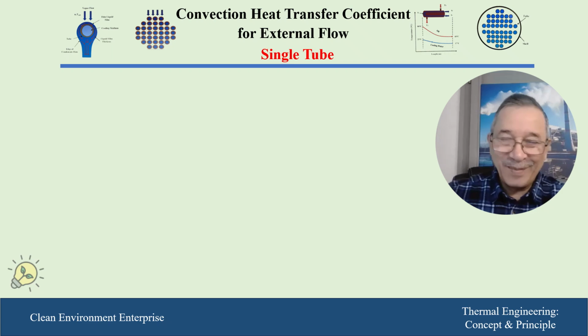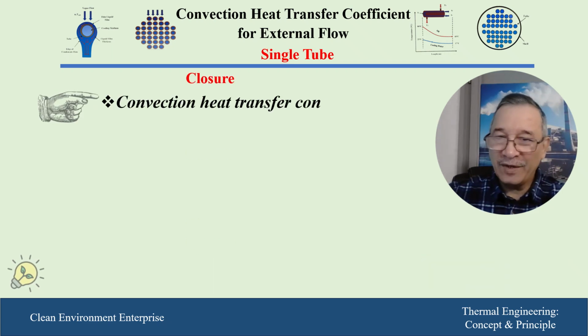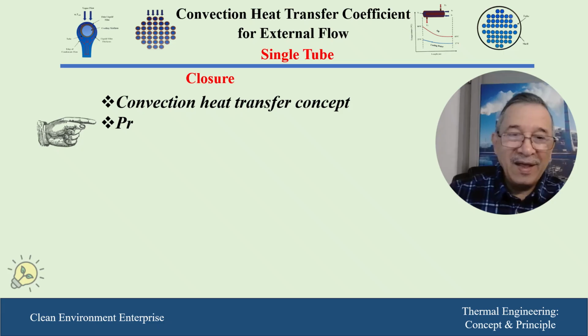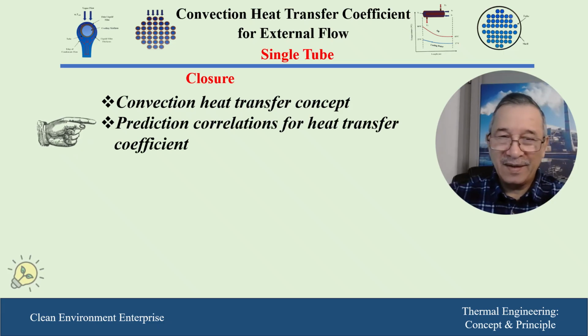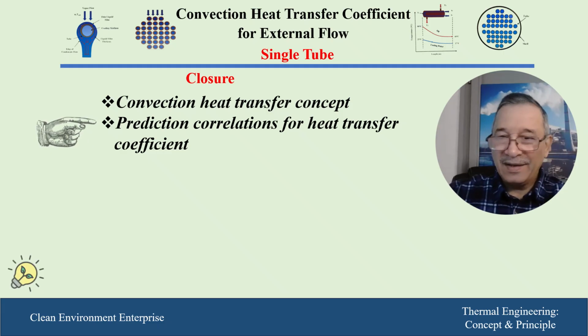And finally, my friends, we have arrived at the closure. We have passed through the convection heat transfer concept and how it works in industry. Then the methods which are available to predict the heat transfer coefficient of a fluid as it passes in external flow. And we gave some examples and references for such methods.